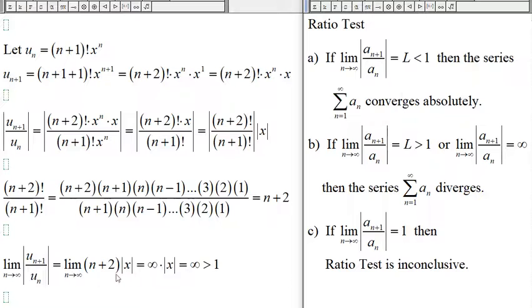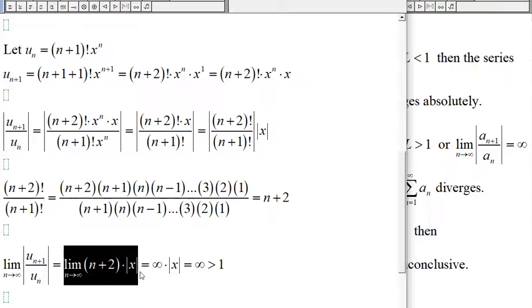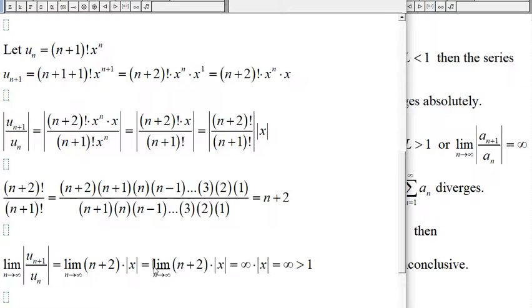Now we need the limit of u sub n plus 1 divided by u sub n, which is n plus 2 times the absolute value of x. The limit of a product is the product of limits.